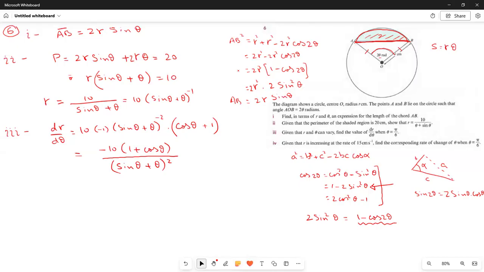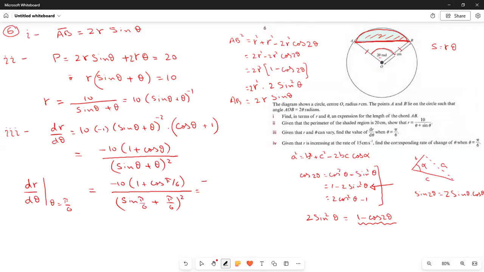Okay, now we need to evaluate this derivative dr by d theta when theta is pi by 6. Pi by 6 means 30 degrees. Okay, so minus 10 into (1 plus cos of pi by 6) divided by (sine of pi by 6 plus pi by 6) and its square.